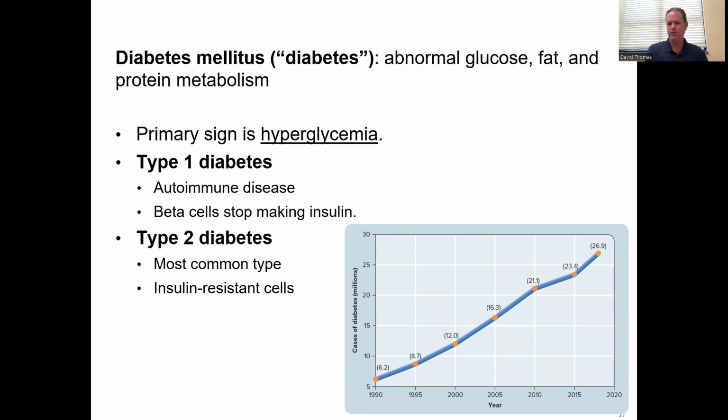Usually it's at an early age, so it has an early onset. It causes the body to not be able to produce insulin, and so the person is going to be dependent on insulin. Insulin is a hormone that helps open the door to allow the glucose to go into the cells where it needs to go, because that's where all the machinery is to take that glucose and turn it into energy.